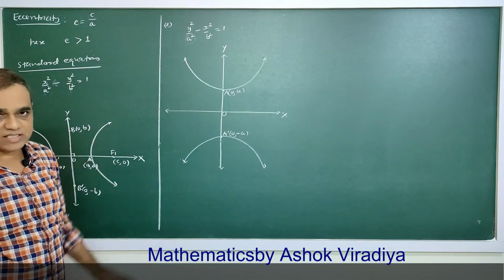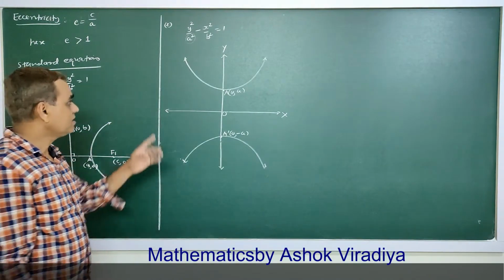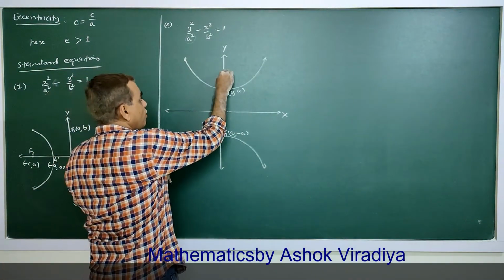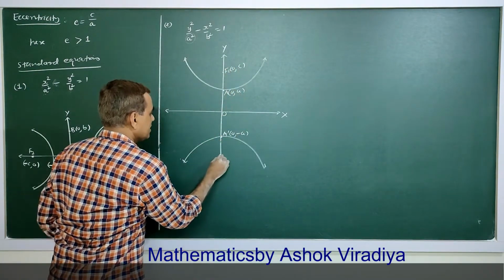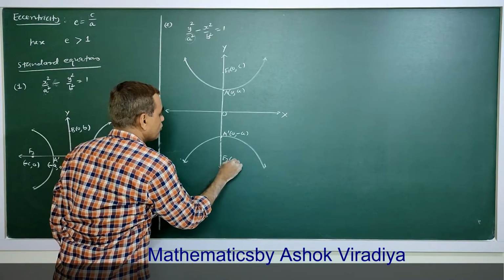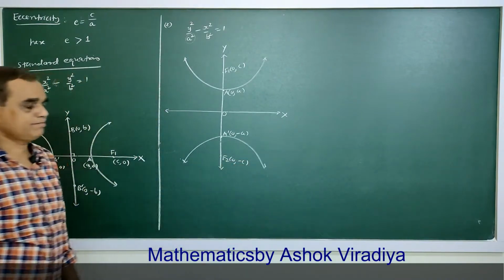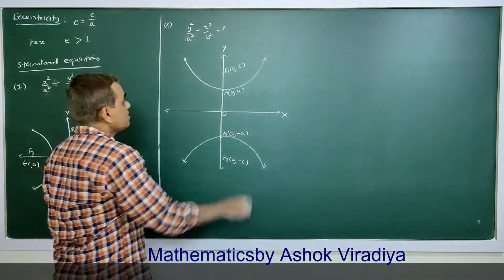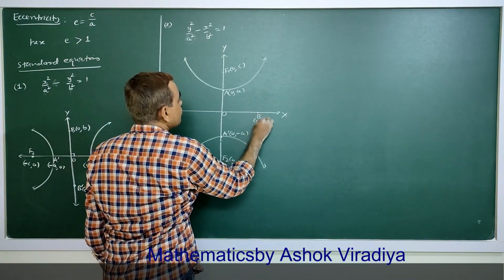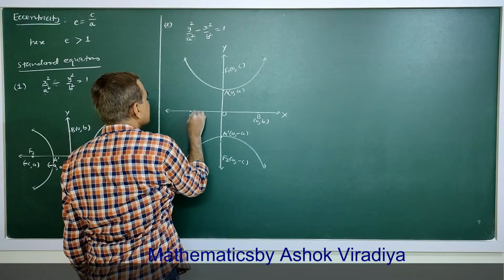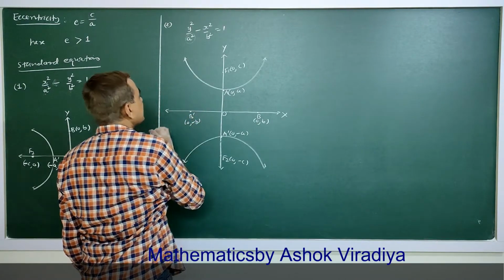These are vertices. Then foci, here F1 (0,C), here (0,minus C). Below x square this is B square, so put here B (B,0), B dash (minus B,0).